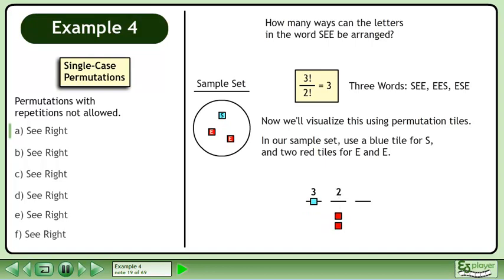There are 2 letters available for the second position. And there is 1 letter available for the third position. Multiply the numbers to get 3 factorial.